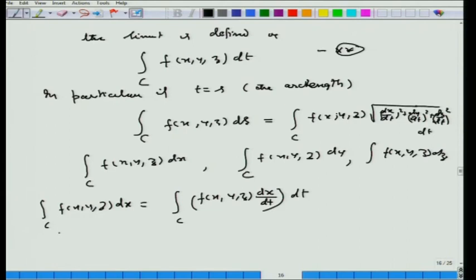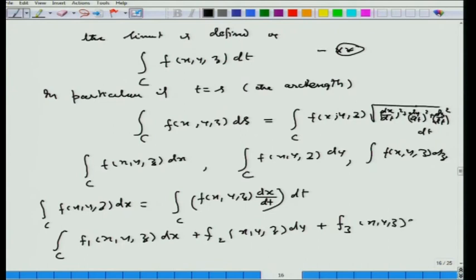In general, we have this form of line integral where we have f1(x, y, z) dx plus f2(x, y, z) dy plus f3(x, y, z) dz. Each one can be defined like this, and each of these integrals is the sum of the respective integrals, where f is replaced by those fi's, so this general form can be treated in the same manner.